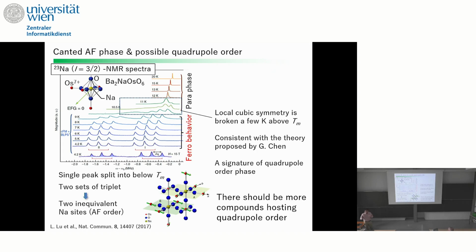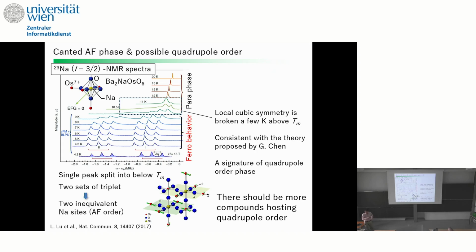So this is not a simple ferromagnet, but there is antiferromagnetic order. And to have significantly large uncompensated magnetization, we should have a large canting angle. This is completely consistent with what Gang Chen predicted.